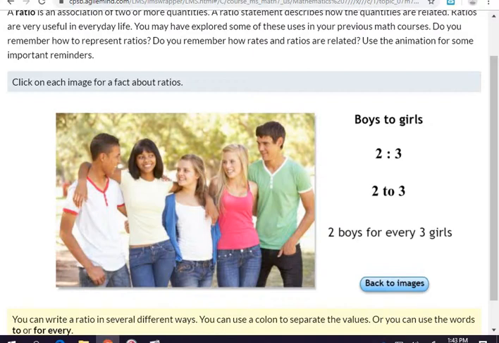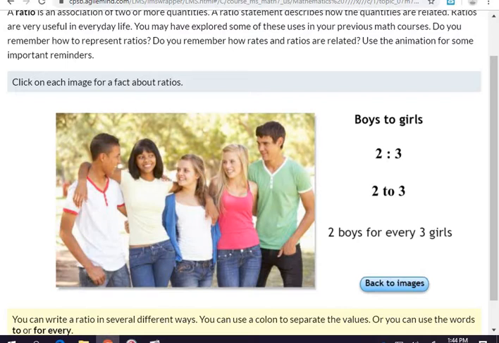What's the ratio? You can shout it out. 2 to 3. There were 3 different ways they wrote this. Something we did not write earlier was the words for every. So for every is another way we can write this. So 2 boys for every 3 girls. Those are all ratios, written several different ways.